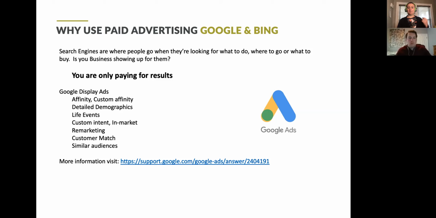So there's definitely a number of ways to leverage Google with regards to display ads. So affinity and custom affinity ads reach users based on what they're passionate about and their habits and interests. So these are learned behaviors from Google.